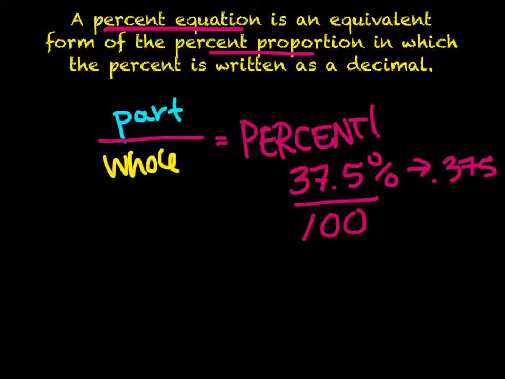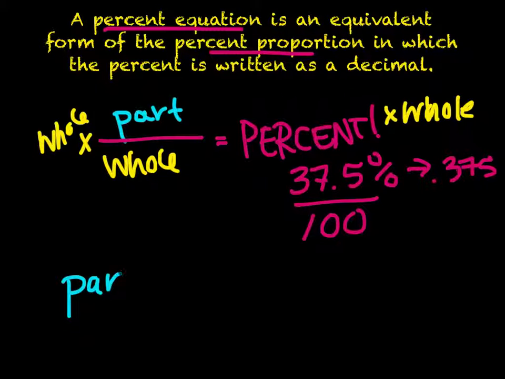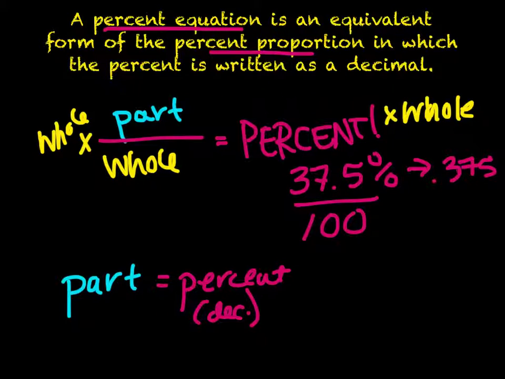So we're going to be playing around with this concept. Now we can see various forms of this equation. If we multiply both sides by the whole number, you might also see the equation as: the part you're looking for is equal to the percent as a decimal times the whole number.